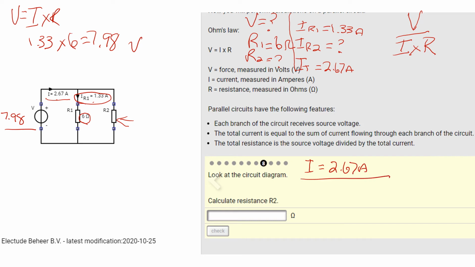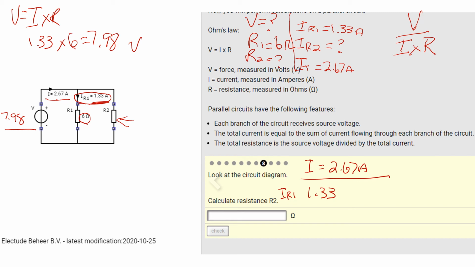And I also have this one right here, which is 1.33, my current in resistor number 1. These two resistances will create a voltage drop because of the resistance inside the circuit.